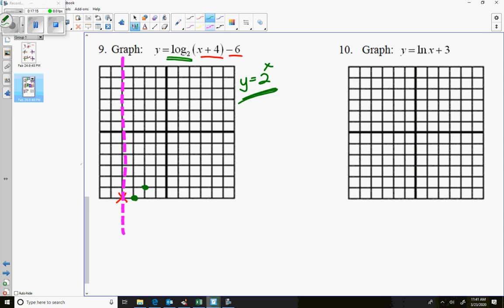Next exponential would be 2, 4, making the log graph 4, 2. Next exponential would be 3, 8, making the log graph 8, 3. So I have several points this time. It still needs to be chasing an asymptote as I go off the edge of the graph. And there is our quick sketch quiz.